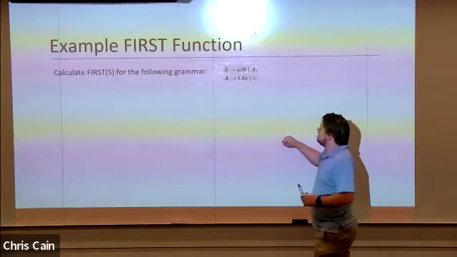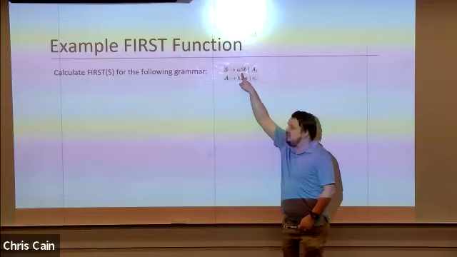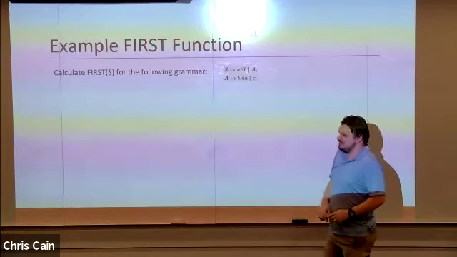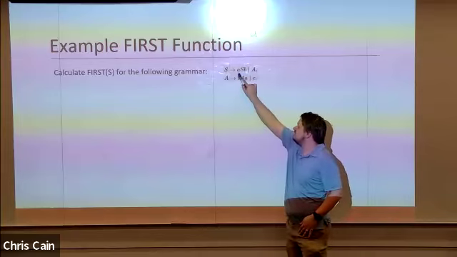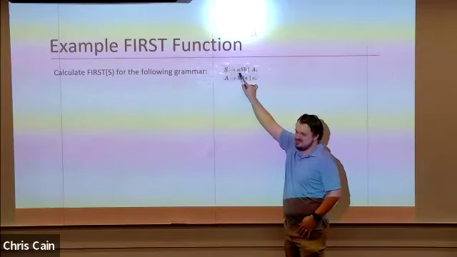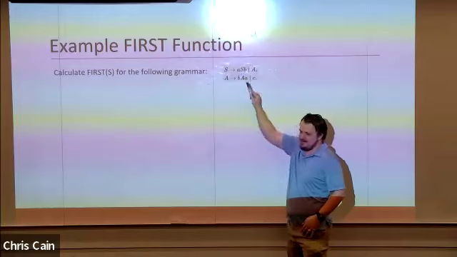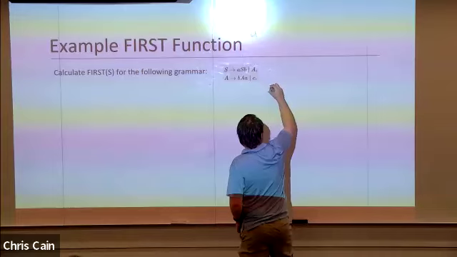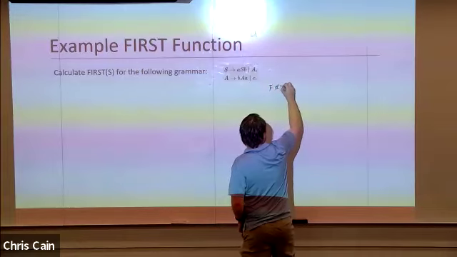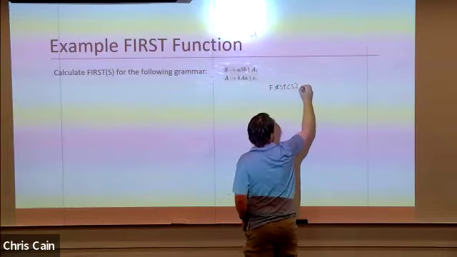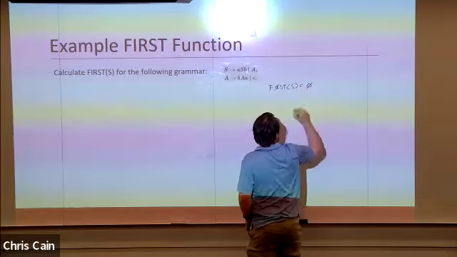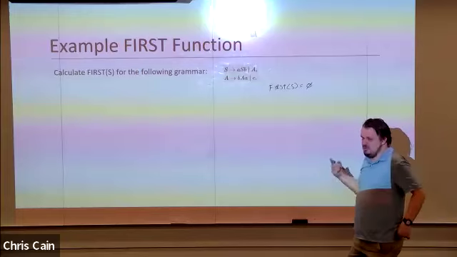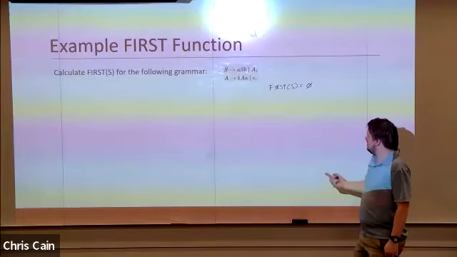So if we look at the left-hand side of this, what is the first terminal for any production that's derived by the left-hand side of these options? It always has to be A, right? So the idea is we're going to start by saying first of S is the empty set. But we're going to start to union this as we explore the grammar and find more and more characters that could start an associated string.